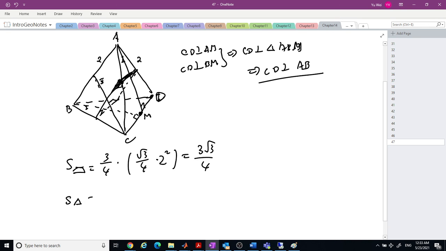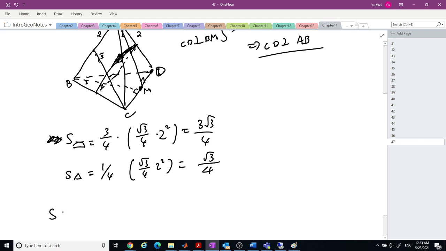Then the small triangle is 1/4 of the equilateral triangle, so this is √3/4. We have 2 of this and 2 of this, right? So the surface area is equal to 2 trapezoids and 2 triangles, plus this square, which is 1 times 1. So this is 2√3 plus 1.